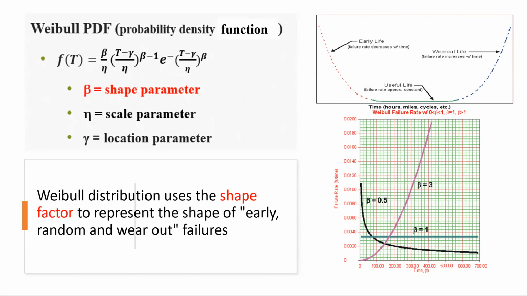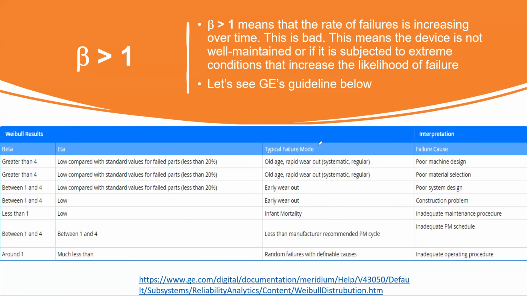Then you could use that value to determine the quality of your package. Beta equal to 4, meaning that quality is bad compared with the smaller beta, right? So that's what these parameters are trying to tell you.